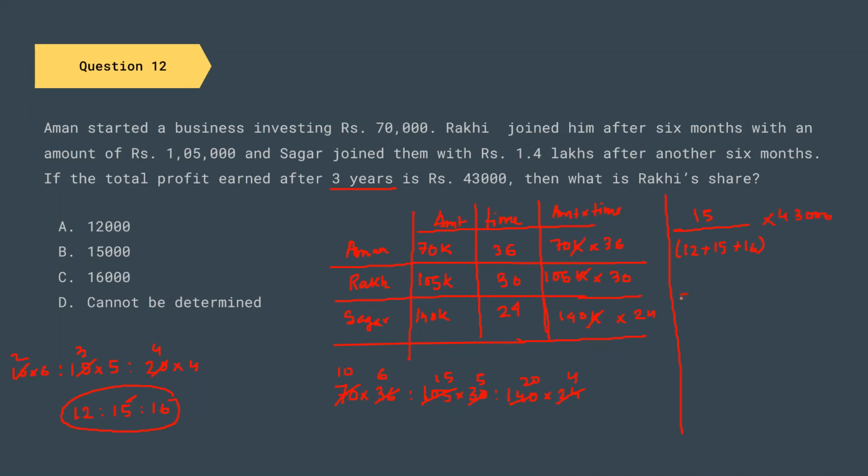So that gives us 15 divided by 43 into 43,000. So this is cancelled, this is cancelled, so that becomes 1,000. So the profit earned by Rakhi is 15,000, and this is our final result. So option number B is our final result. I hope this question was clear to you.